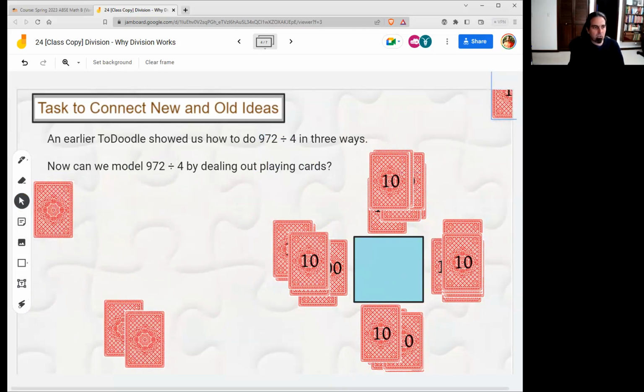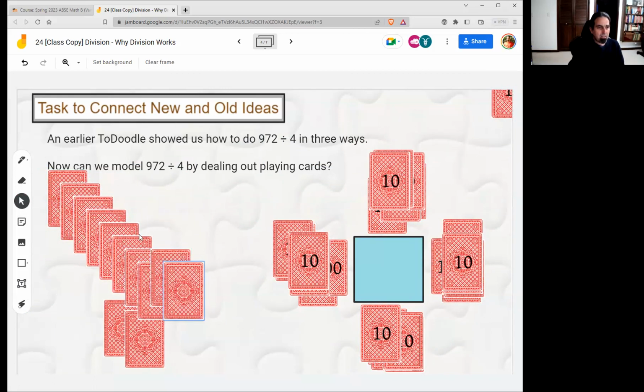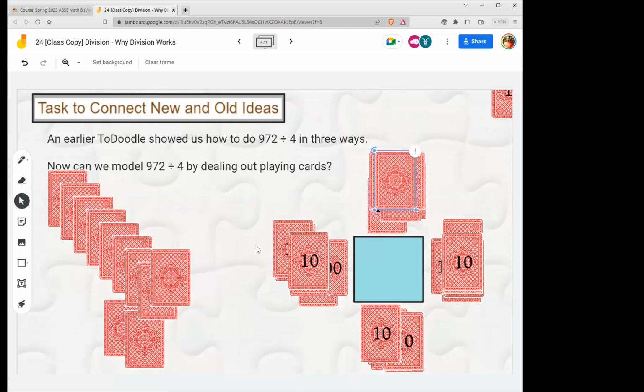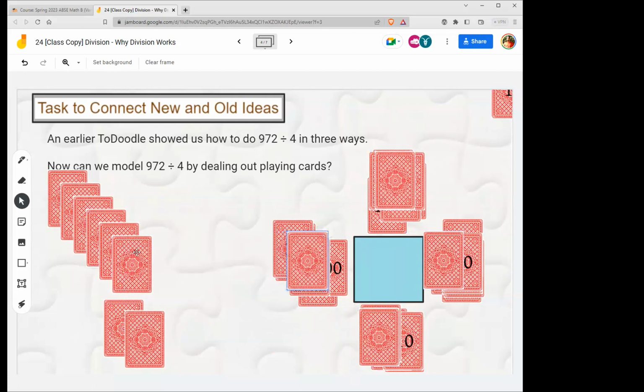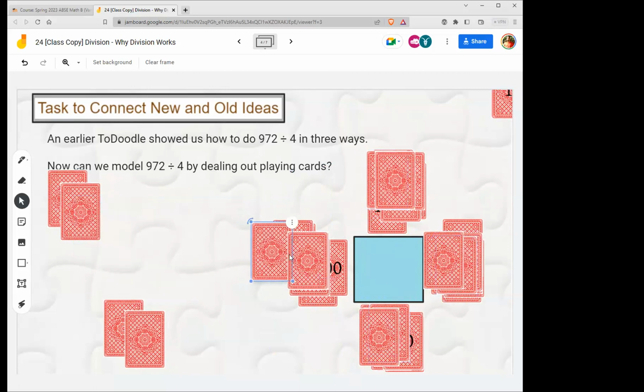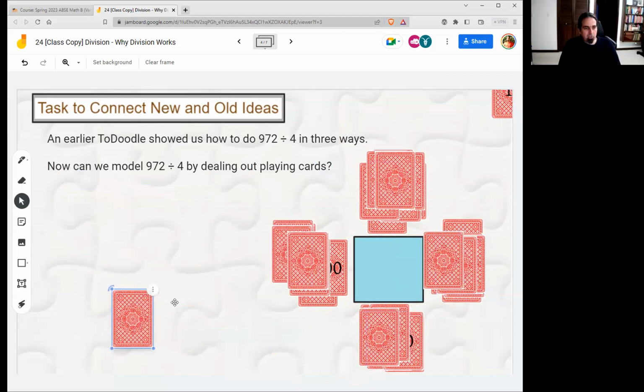Goodbye 10, nice seeing you. 1, 2, 3, 4, 5, 6, 7, 8, 9, 10. Now we'll deal out one at a time, and I run out of cards.